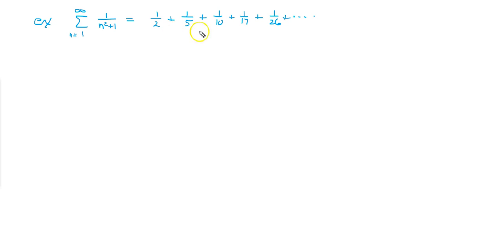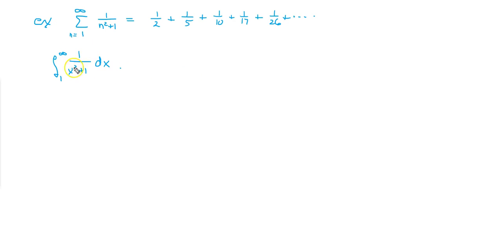We want to determine if these numbers add up to a finite number. That will determine if this series converges or not. So we're going to consider the integral from 1 to infinity of 1 over x squared plus 1 dx.